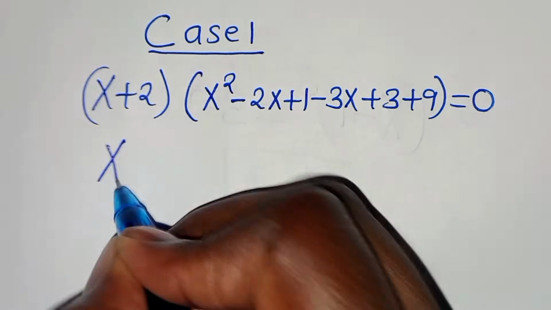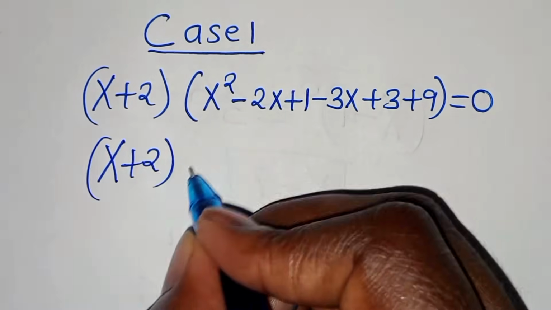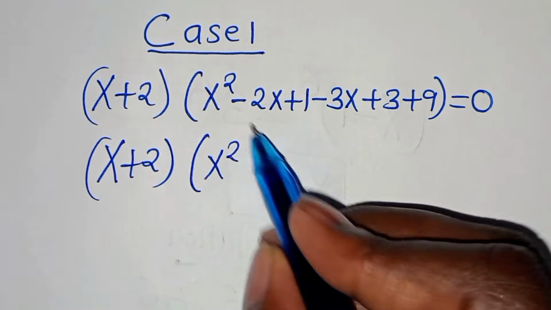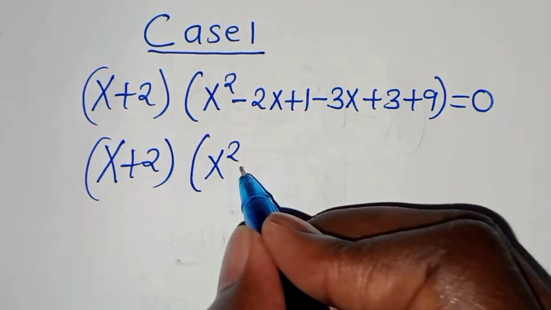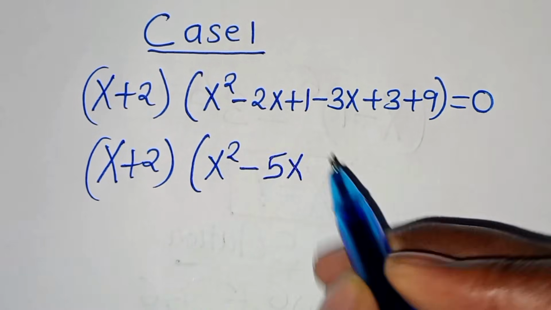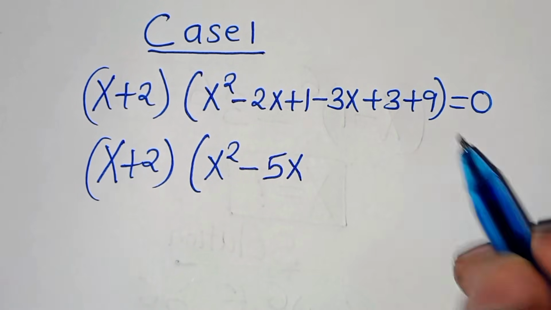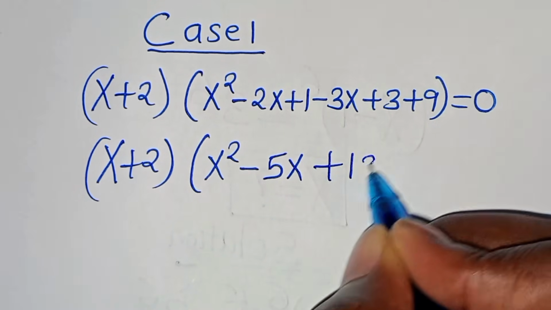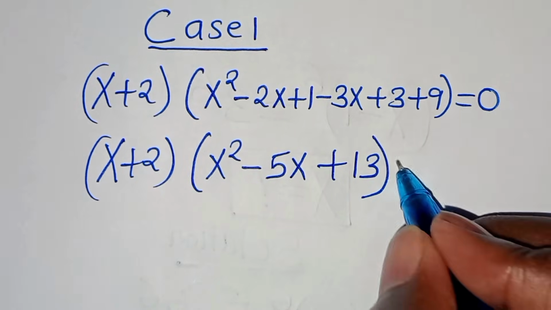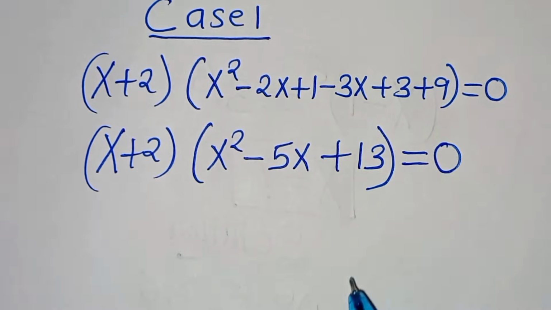So this is (x + 2) times (x^2 - 2x - 3x, which is minus 5x. Then 1 + 3 is 4, and 4 + 9 is plus 13). Close the parentheses.